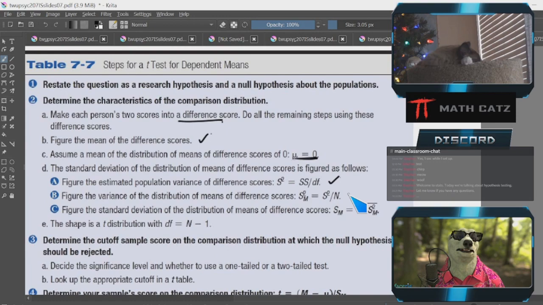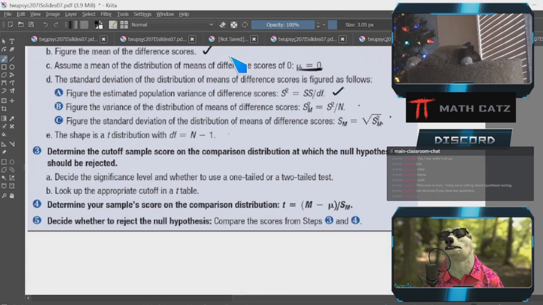Same as before, degrees of freedom 1 less. Everything is the same now. Determine the cutoff, decide significance level, one-tailed or two-tailed test, look it up in the t-table, use your formula over here, that's the same, and make your conclusion.